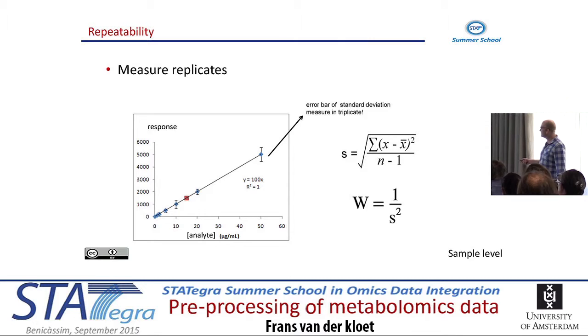What we can do is correct for it using a weighted regression, where the weight is the inverse of my variance based upon these triplicate measurements. That's why you should always measure a calibration line in triplicate.